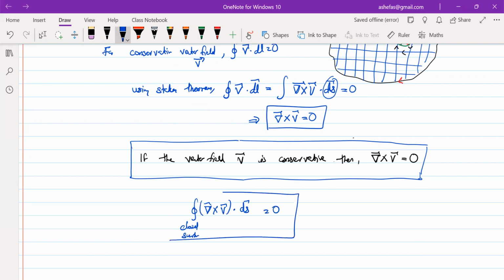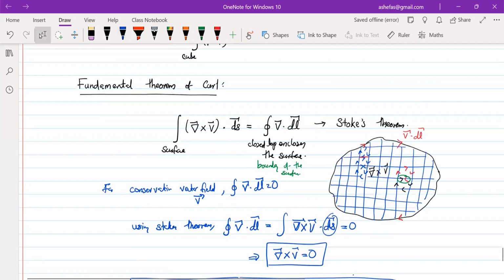So this is the corollary statement of Stokes theorem. That's all about the fundamental theorems of integral calculus: the gradient, divergence, and the curl.